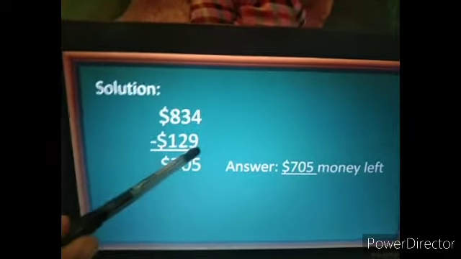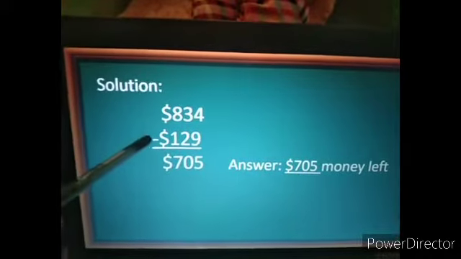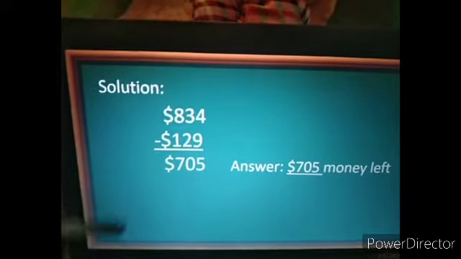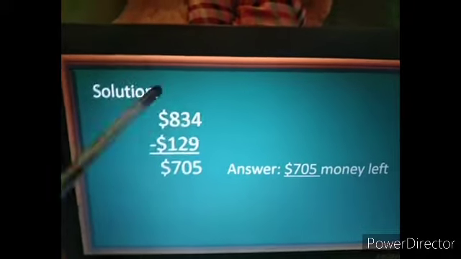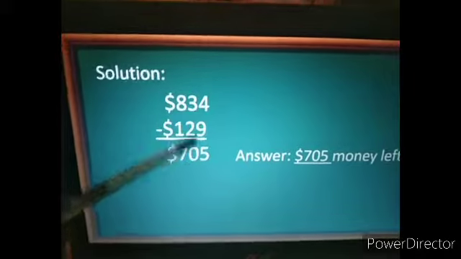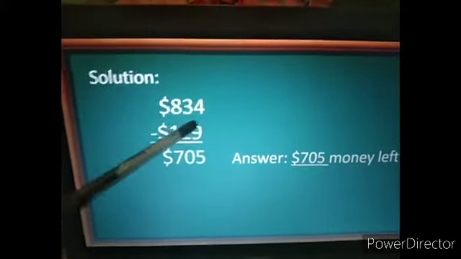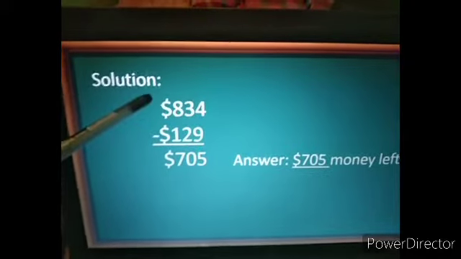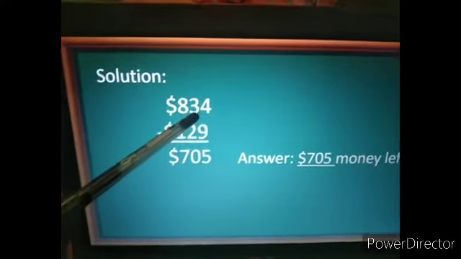So looking at this, what we need to do is take the 4 from 9. But we can't take it because the 4 isn't big enough to minus the 9. So what we're going to do is regroup the 3 as 2.